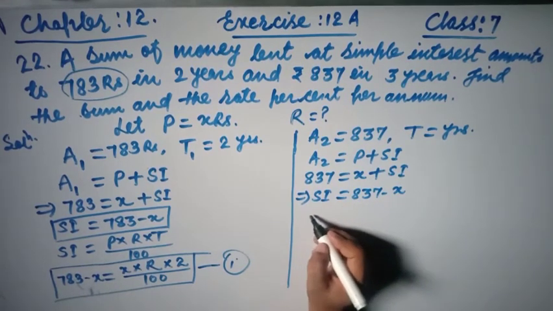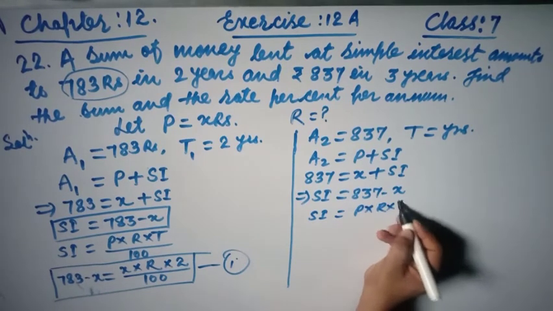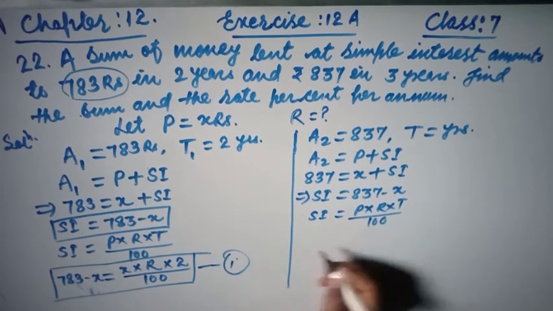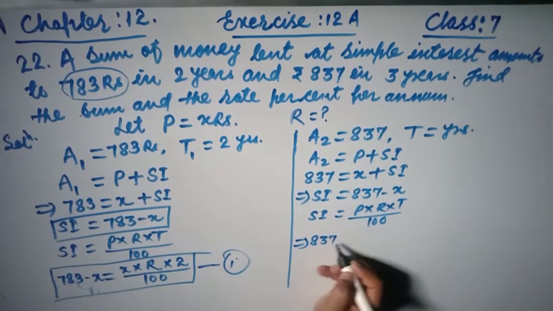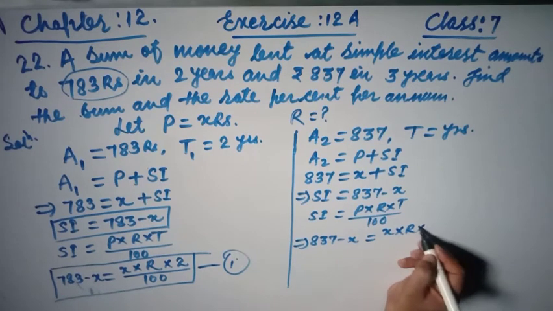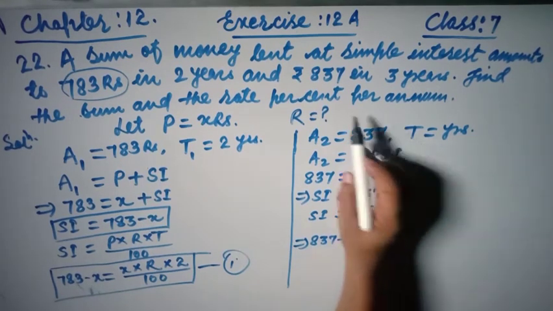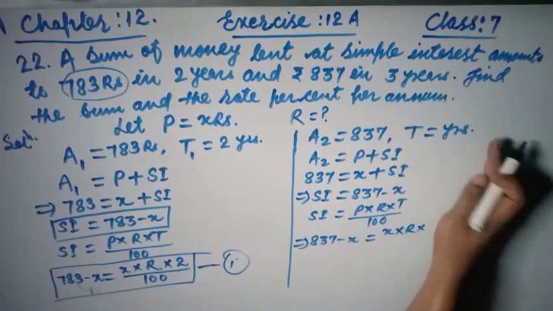Now from the formula SI is equal to P into R into T divided by 100. So the SI value 837 minus x is equal to x into R as it is, and T is here, friends. The given T is 3 years.